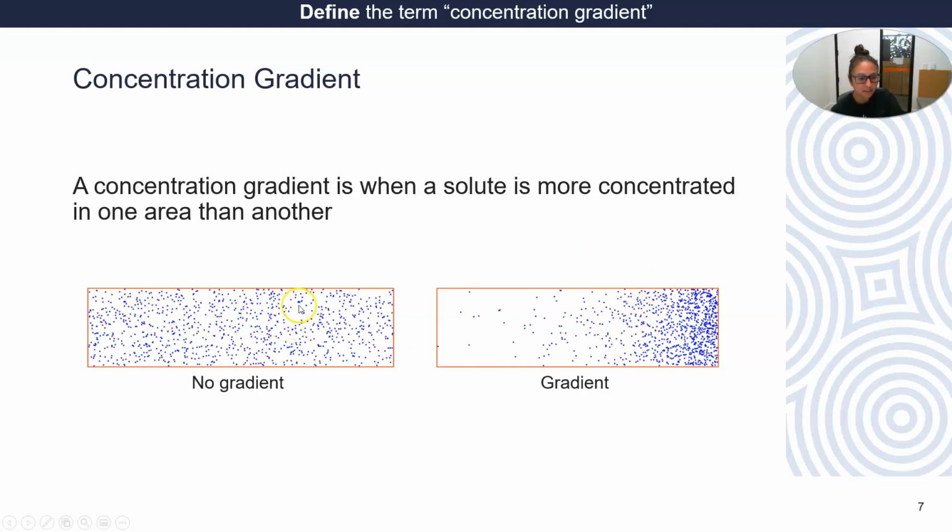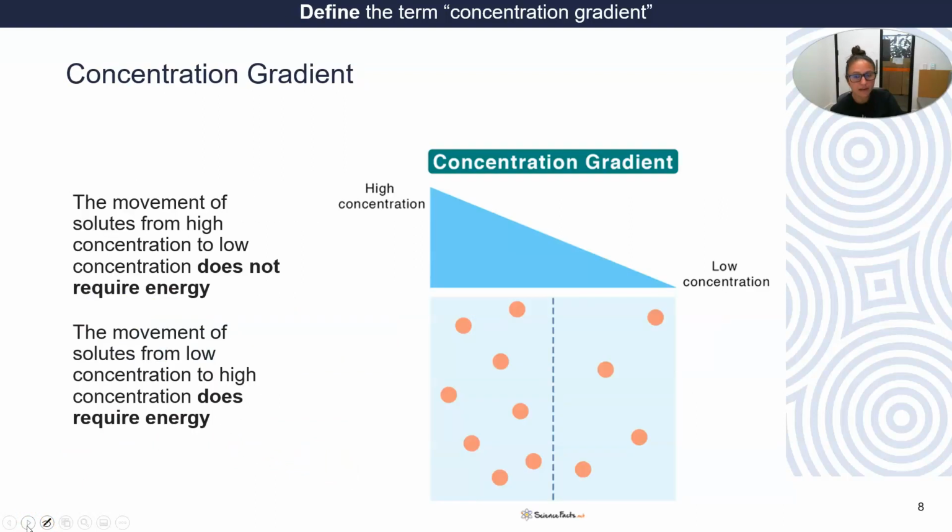You can see here there's no pattern, and if I were to draw a line, this would be the pattern. But if I were to draw something here, I would have high concentration and then low concentration. Do you see the pattern? Okay, so this is what a gradient is. It's like a slope.